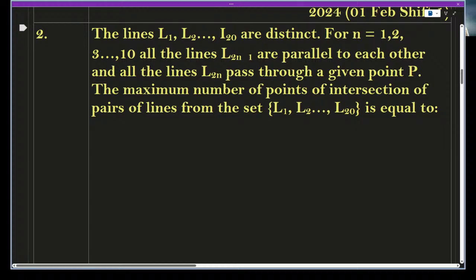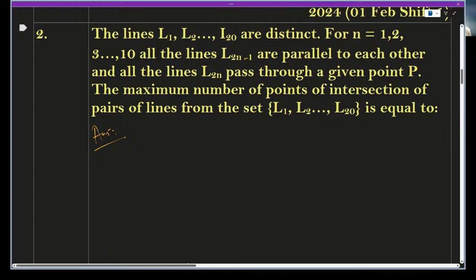For n equal to 1, 2, 3, up to 10, all the lines L2n minus 1 are parallel to each other, and all lines L2n pass through a given point P. Find the maximum number of points of intersection of the pairs of lines from the set. Not a difficult sum at all. Just the language is a bit confusing.